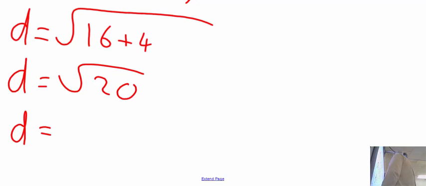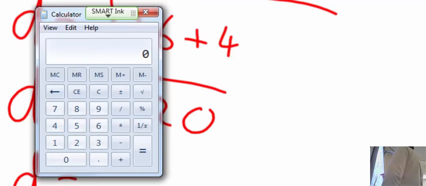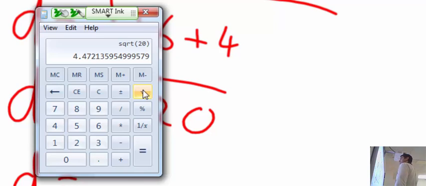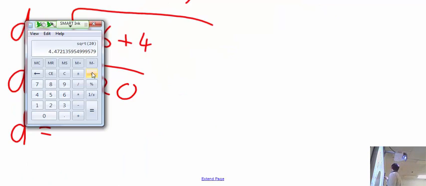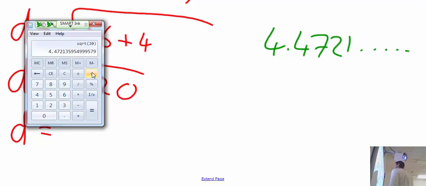And this is the part I need you to pay attention. The square root of 20 is this long number. So I'm going to write this long number over here. 4.4721. It goes on and on.